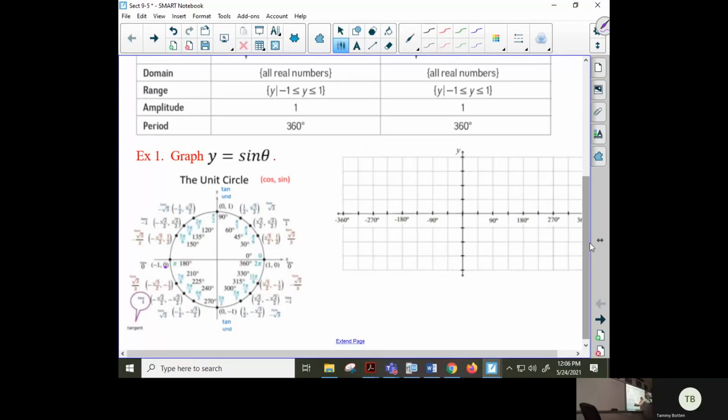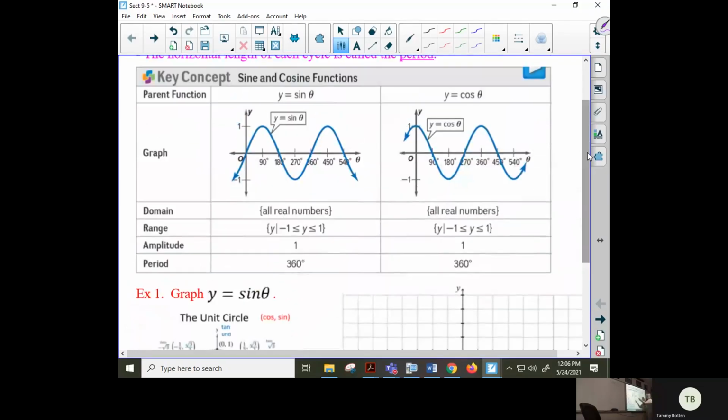And then as we get back to 360, sine is at 0 again. So that's where they're getting these points from. Sine of 0 is 0, sine of 90 is 1, sine of 180 is 0, sine of 270 is -1, sine of 360 is 0. From here to here is what's called a period or one cycle.